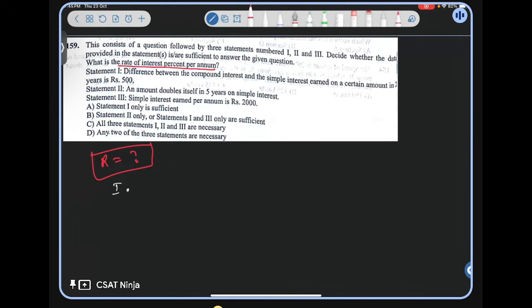Statement number 1 says, the difference between the compound interest and the simple interest earned on a certain sum in 2 years is this one. We have done a question here yesterday. Compound interest minus simple interest formula was P into R divided by 100 to the power 2, if it was 2 years.